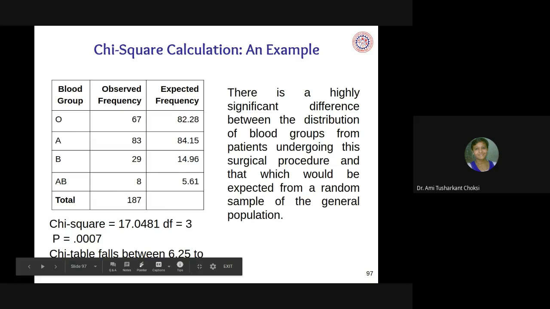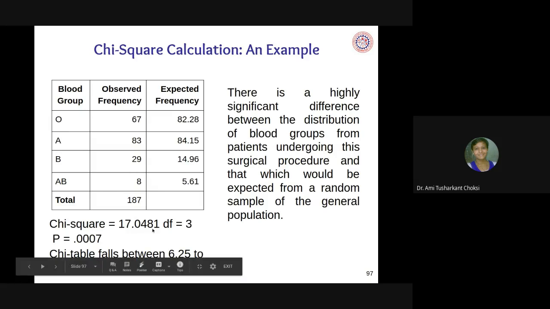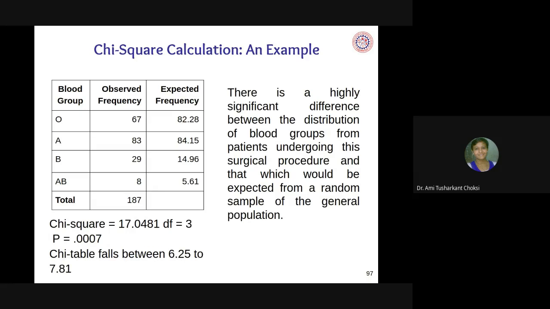Then in the chi-square table, it is having the value from say 6.25 to 7.81. Whatever the test value is, it is greater than the chi-square table value, because the table value is some value between 6.25 and 7.81.